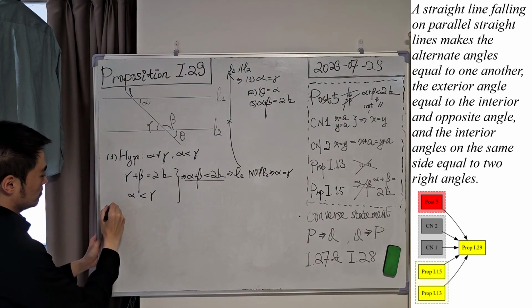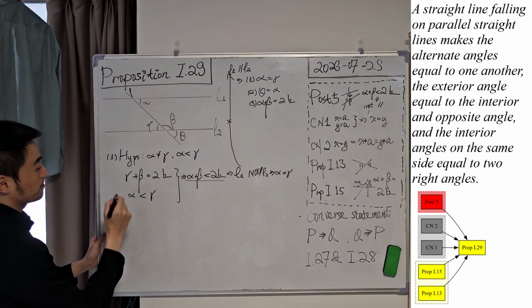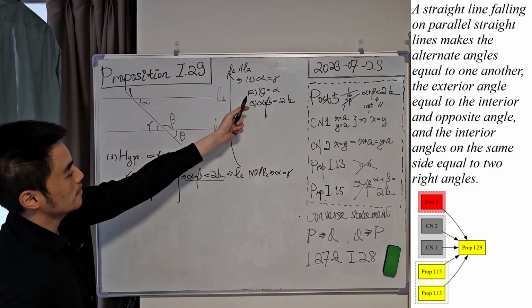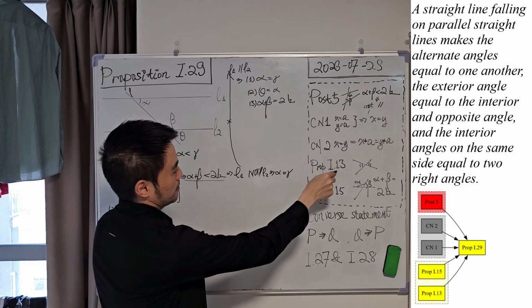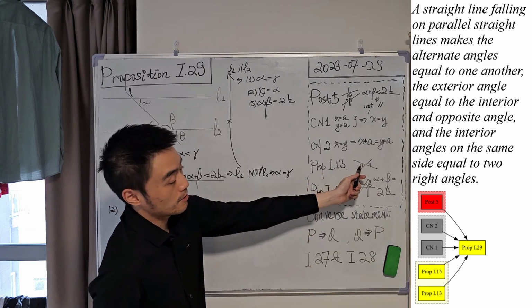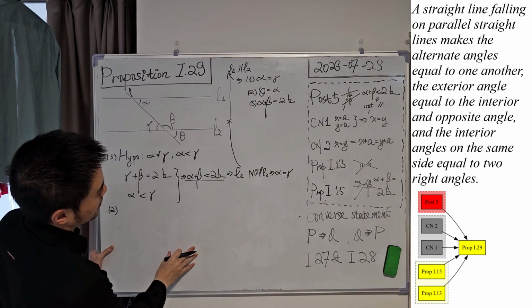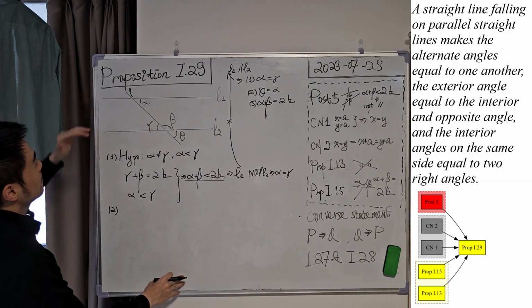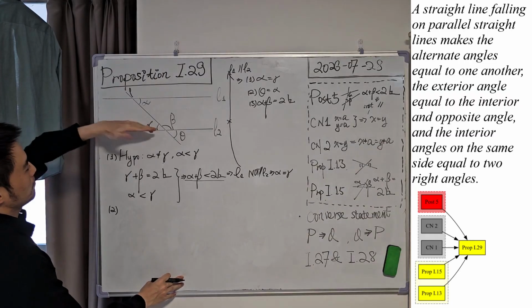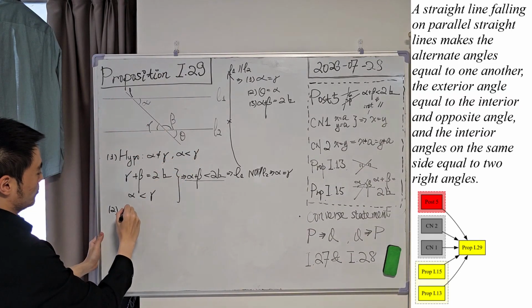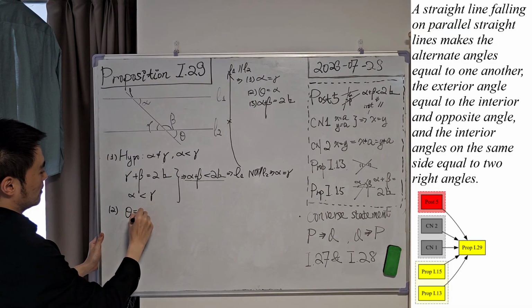Then let's try to prove the second one. In this statement, please at first recall proposition 13. It says the vertical angles will be equal. L1 and L2 are meeting at this point, and they are vertical angles, so we have theta equal to gamma.